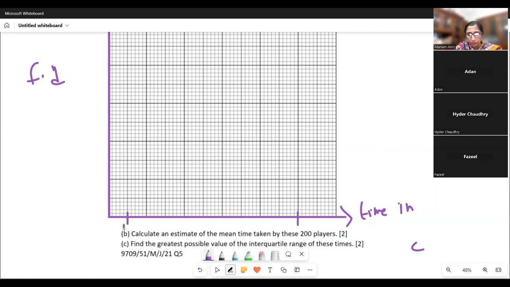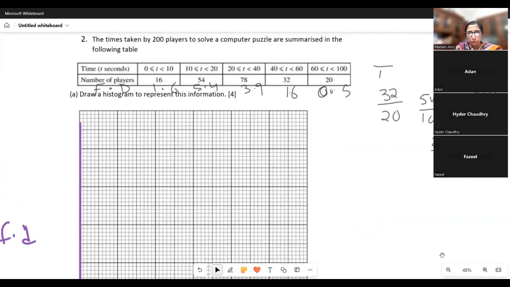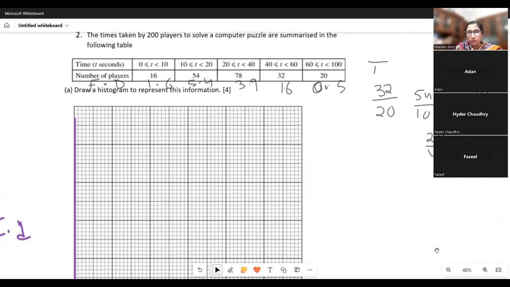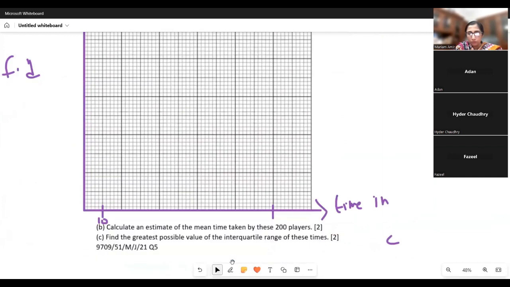So this is 10. Next 10 to 20, then 40, then 60, and then 100. Now let's take a look at the heights and decide on a scale on the y-axis.